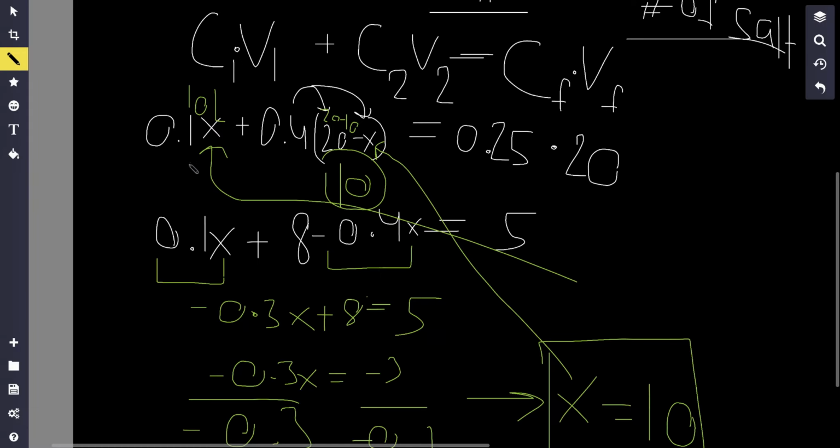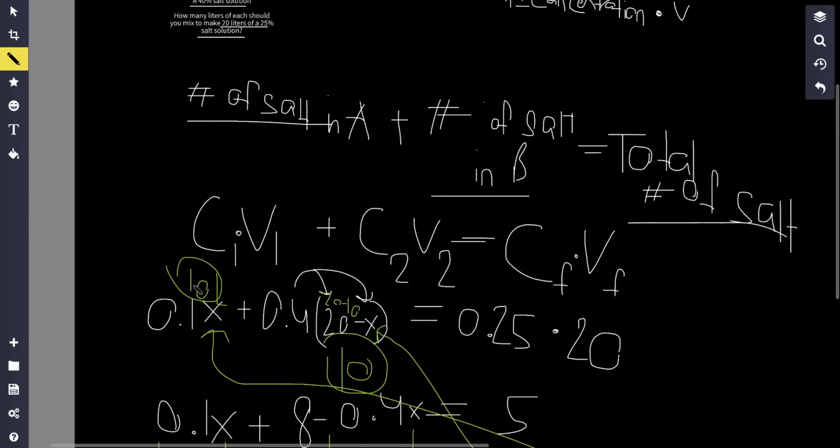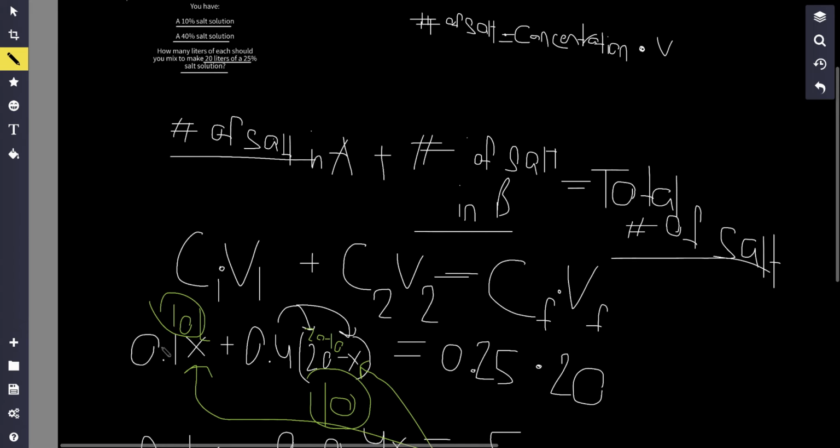So all this is saying is that if I add in 10 liters of my first solution and I add in 10 liters of my second solution and I mix these solutions together, I'm going to get a final 20 liters with a concentration of 25%. That's all this is saying. In order to reach this goal, I'm just going to add in 10 liters of my first solution and 10 liters of my second solution, and then I get my desired concentration.